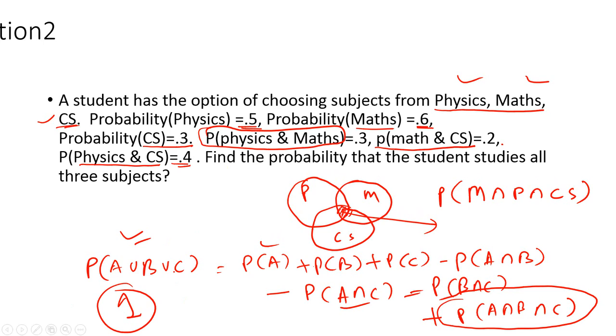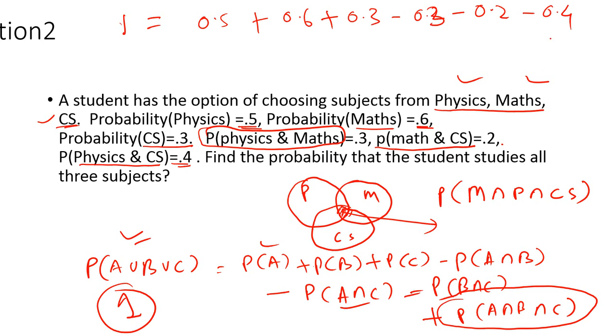Now when we use this, we can get the answer correctly. So 1 equals 0.5 plus 0.6 plus 0.3 minus 0.3 minus 0.4 minus 0.2, and then plus P of physics intersection maths intersection CS.